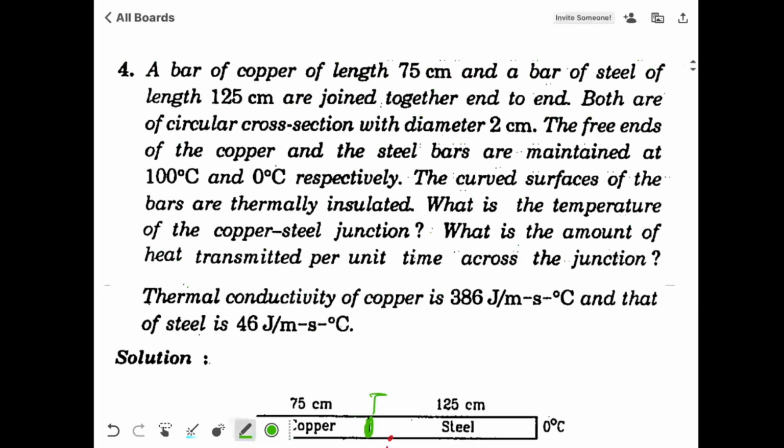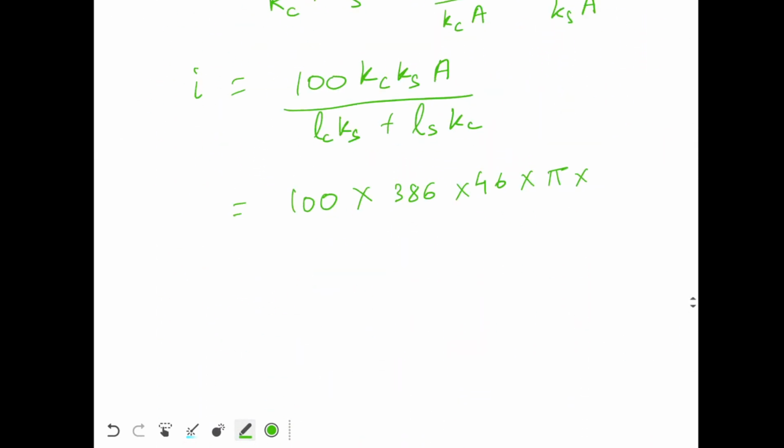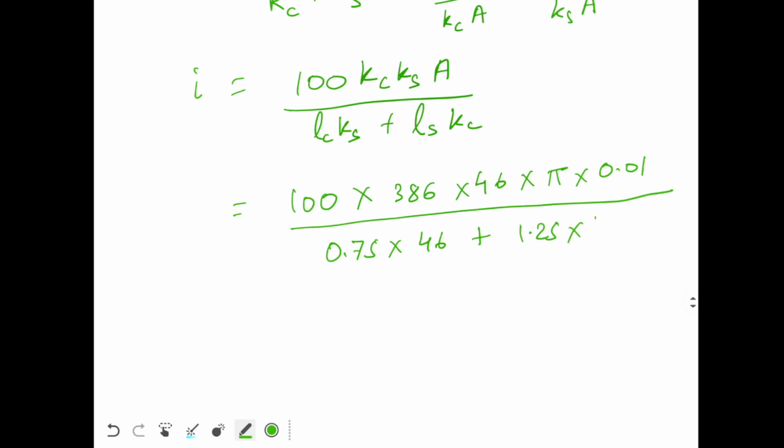Diameter is given 2 centimeters, so radius will be 1 centimeter. So 1 centimeter means 0.01, divided by length of copper 0.75 times Ks 46, plus length of steel 1.25 into Kc 386. Yeah, one more thing, I need to square this, so 0.01 will be squared, the radius should be squared. So this will come out to be equal to 1.07 joules per second, or you could say 1.07 watts.